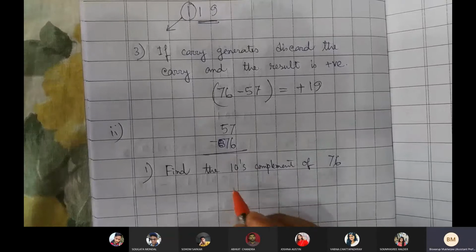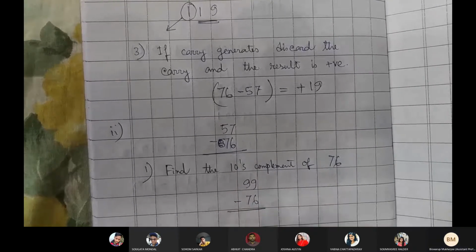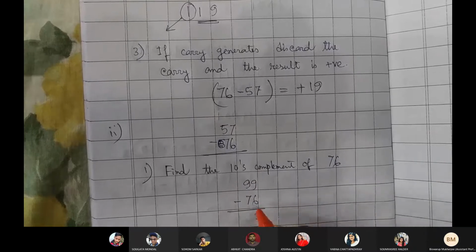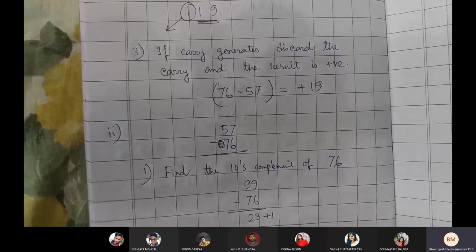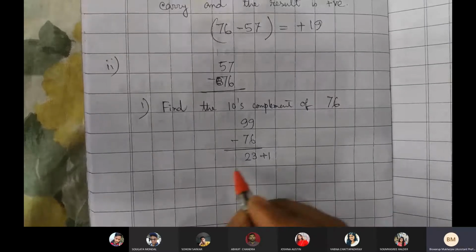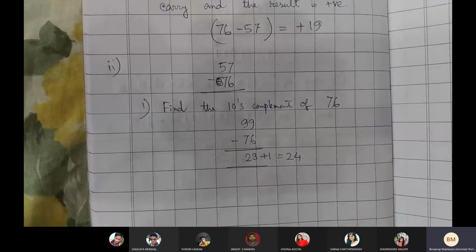So that is 99 minus 76, which is 23, plus 1. That is equal to 24. So the tens complement of 76 is 24.